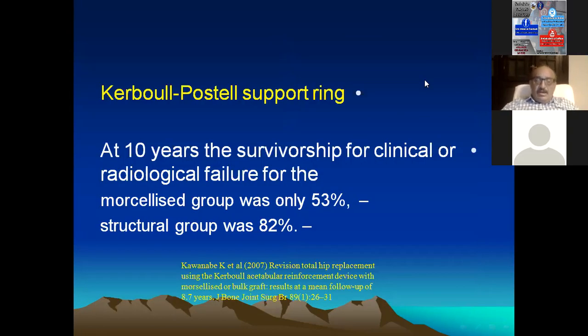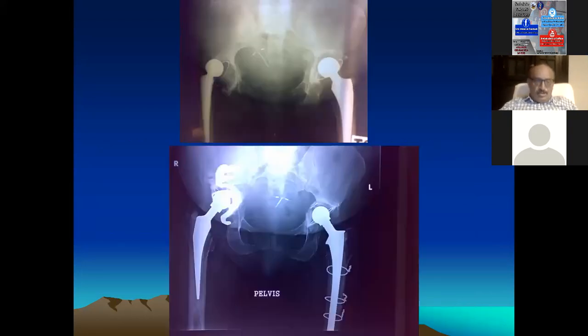The Kerboull ring is also a useful method. It is low profile and can be used with morcellized or structural grafts, and it is not a very successful ring, because part of this ring will unload the graft, and this usually causes what is called graft resorption.